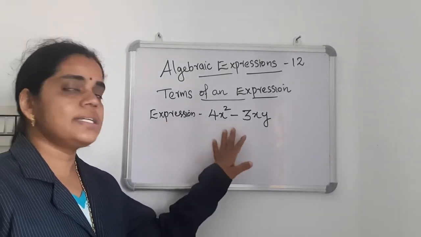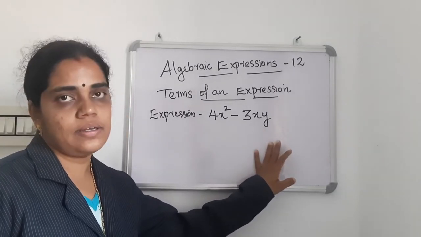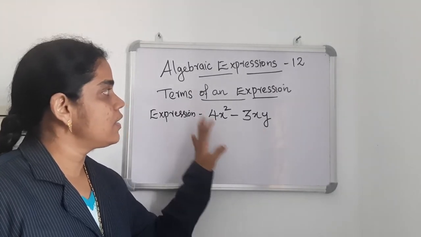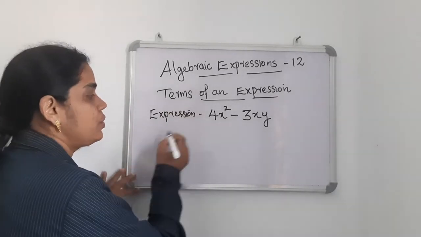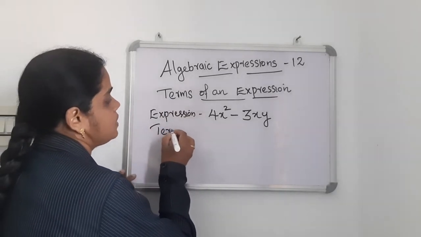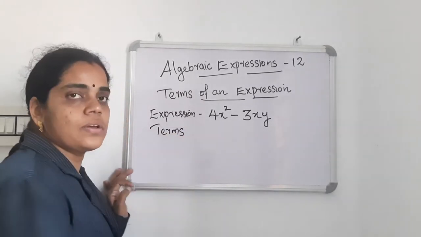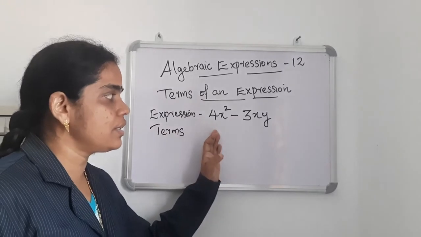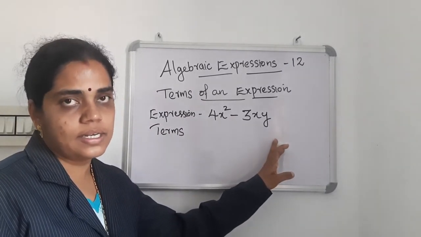Here one expression is given: 4x² - 3xy. In this expression, what are the terms? Two terms are here. The first term is 4x², and -3xy is the second term.